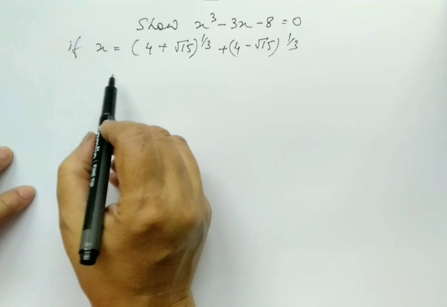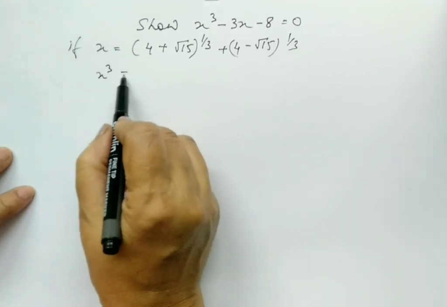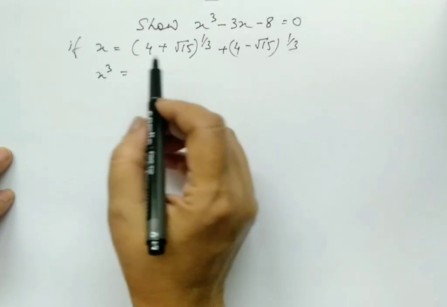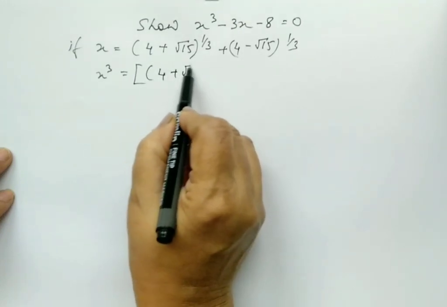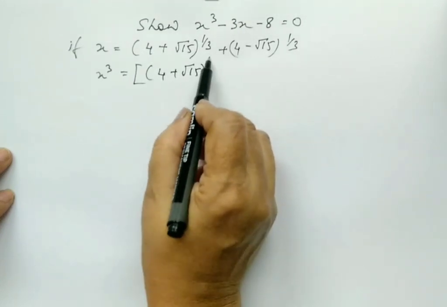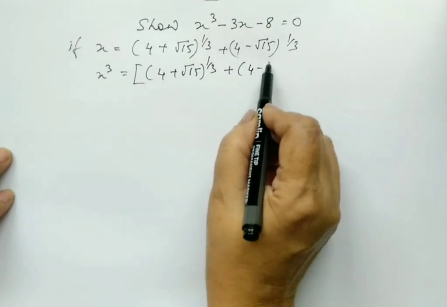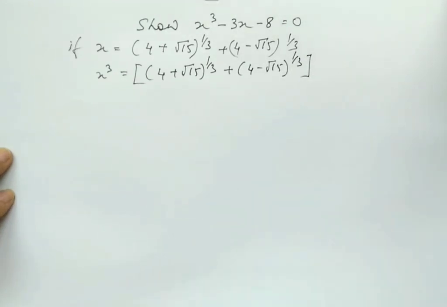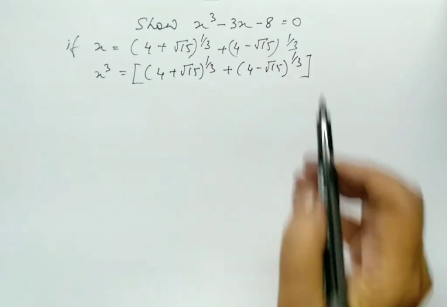So first thing we do is we cube both sides. Cubing this and cubing this also. So this is our A and this is B. I'm sure you are aware of the algebraic identity (A plus B) whole cube.